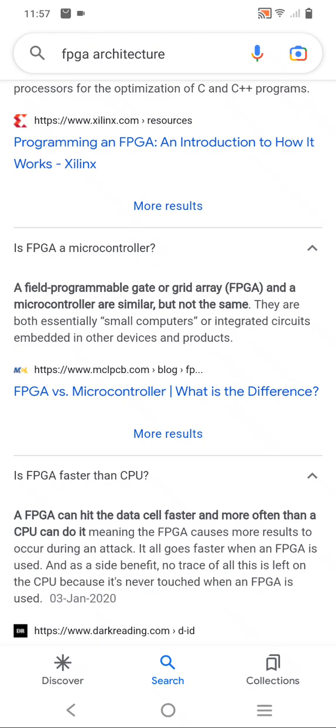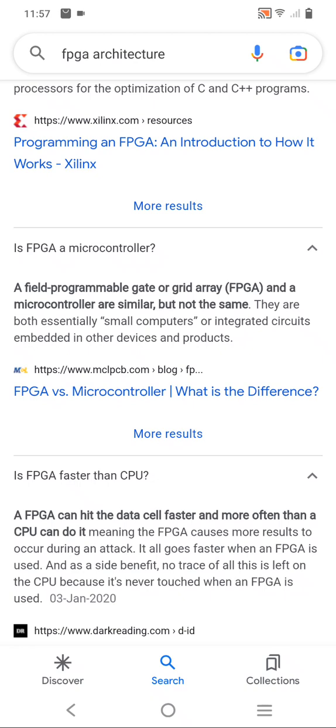Is an FPGA a microcontroller? A field programmable gate array and a microcontroller are similar but not the same. Why are they not the same? Because the amount of logic that goes into an FPGA is quite huge. If you are doing a small thing, then it is called a microcontroller.